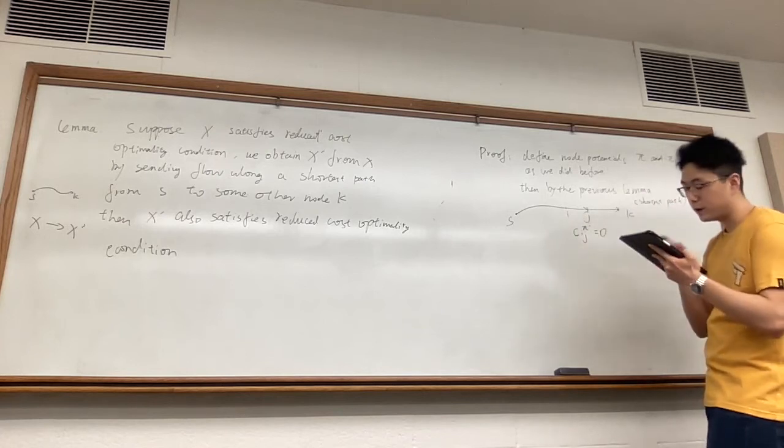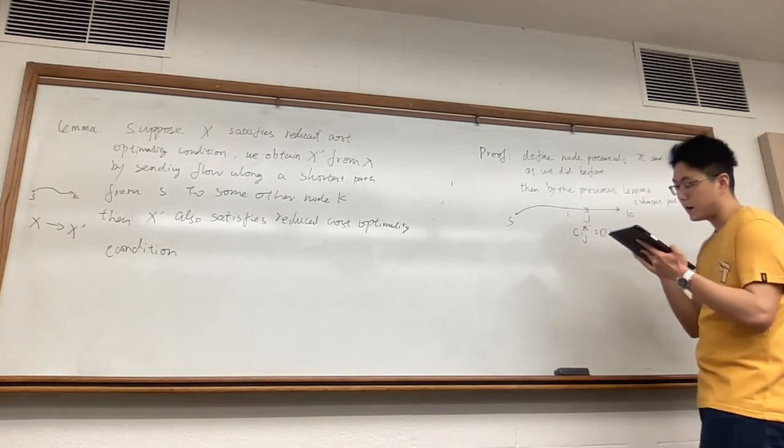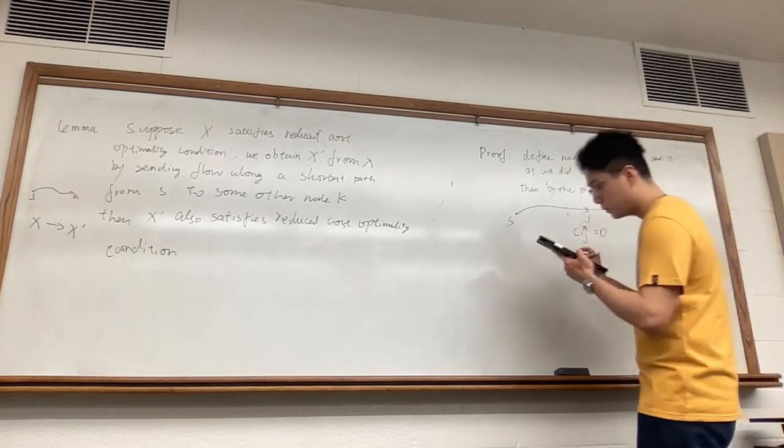And then if we augment flow on any such arc ij, we might add its reversal ji to the residual network. So what does it mean?